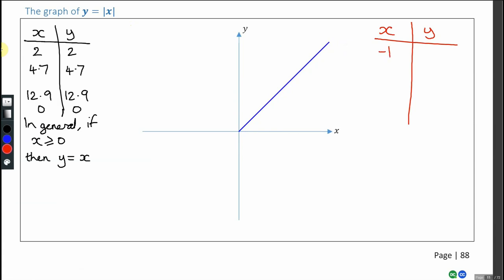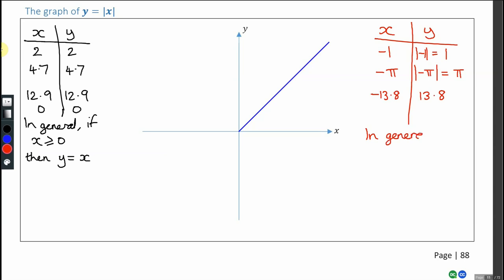If x is -1, y is the modulus of that, which is +1. If x was minus pi, y is the modulus of minus pi, which is pi. If x is minus 13.8, y is positive 13.8.